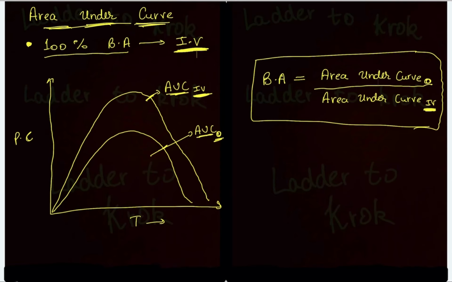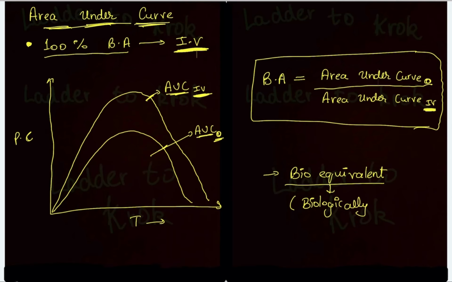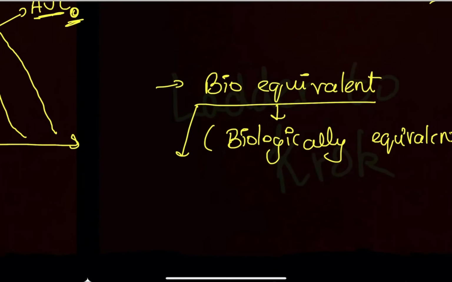Okay, now there is one more term that is known as bioequivalent. That is not very important, but still I want to tell you for your further studies. What is bioequivalent? That means the drugs are biologically equivalent. Just write one definition of this.